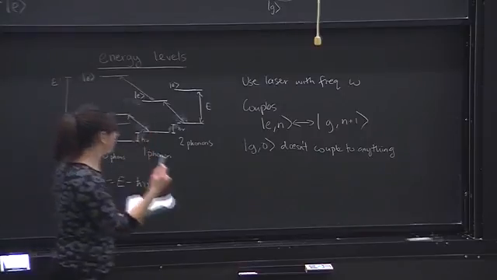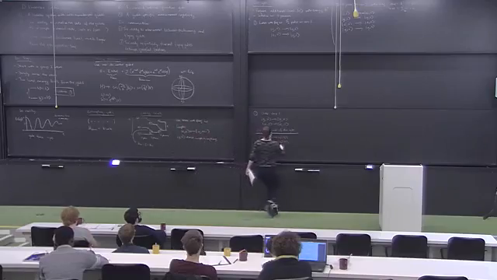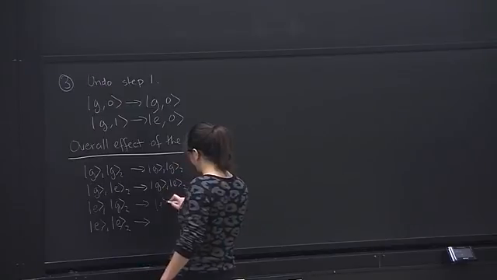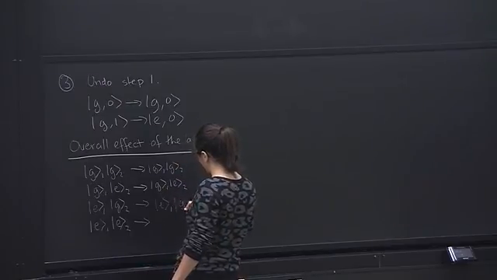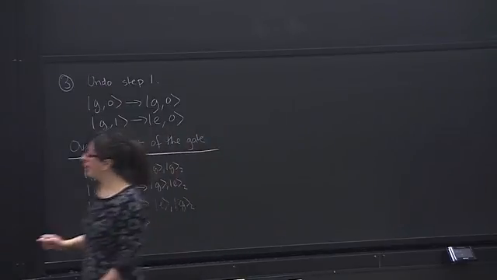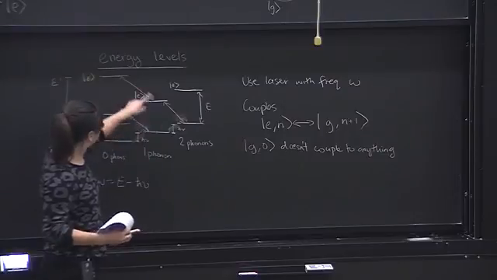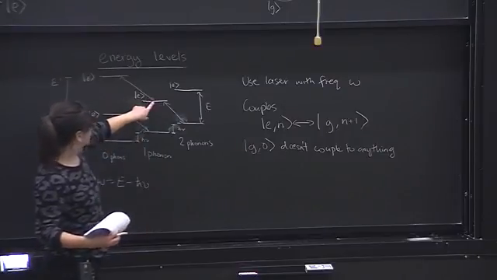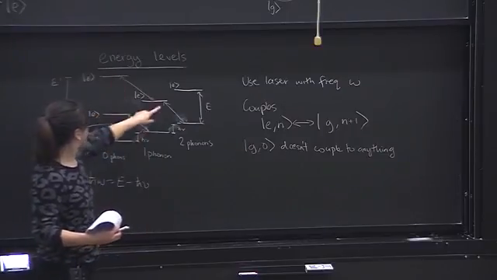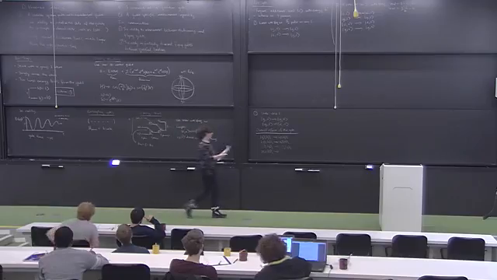So nothing happens as well. But if the first qubit was in the excited state, and the second qubit is somewhere over here, and if it's also in the excited state, then we're in this level. And so then we pick up a minus sign.